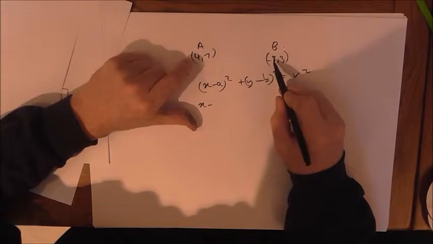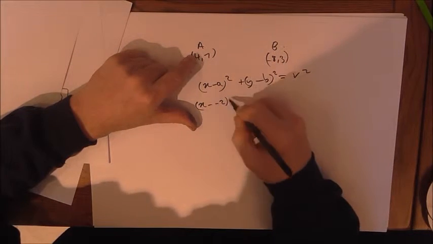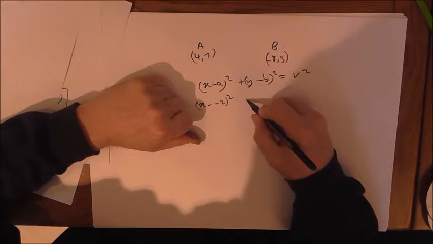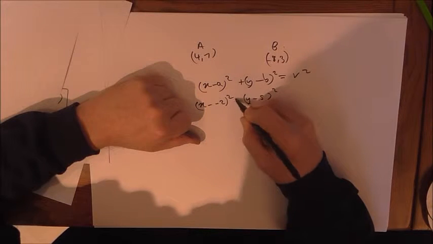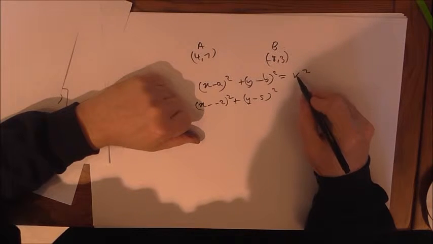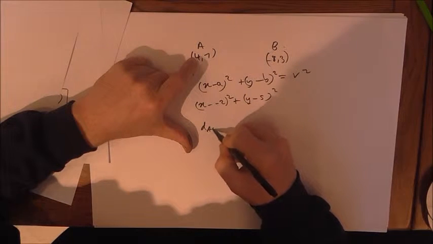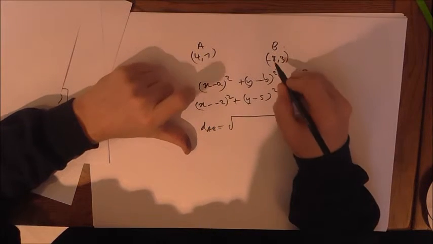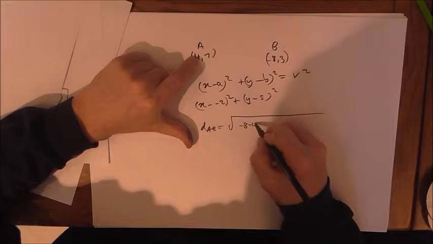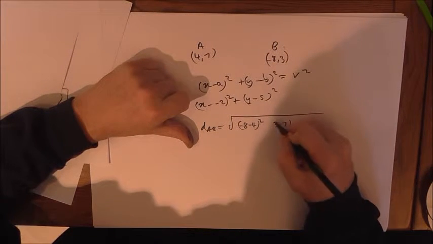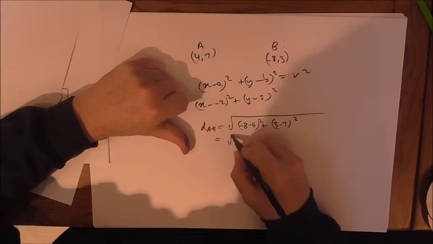So the centre fills in A and B. For the centre, take the mean of those, that's negative 2. And the mean of those, which is 5. And for the radius, take half the distance between those. The distance between those is this minus this, all squared, plus this minus this, all squared.